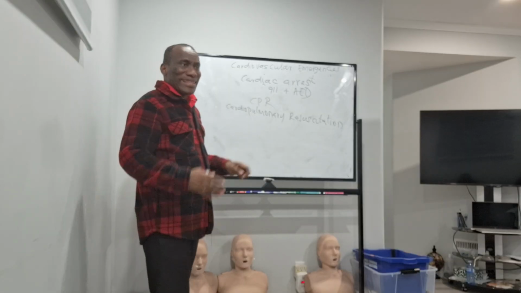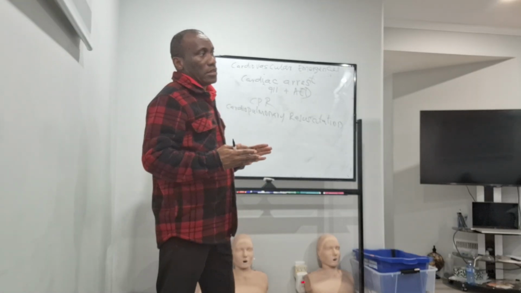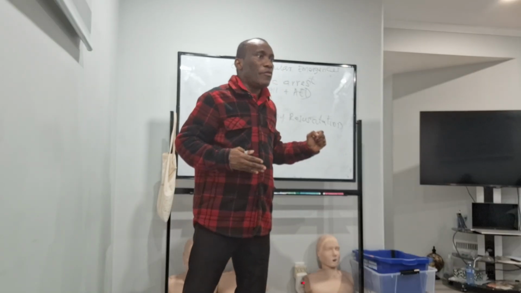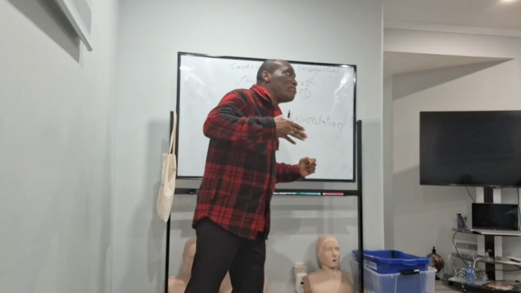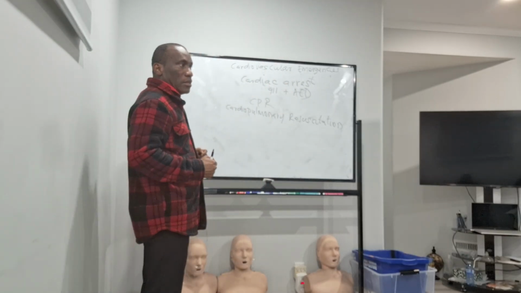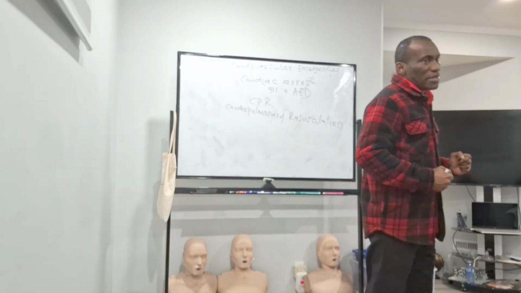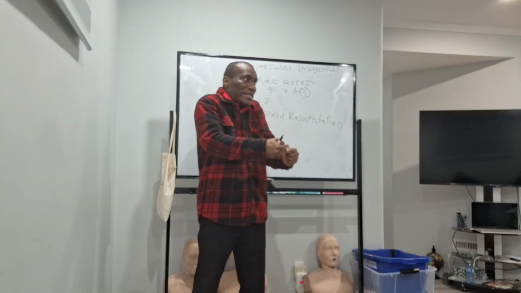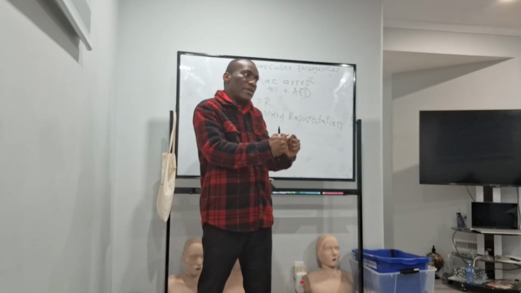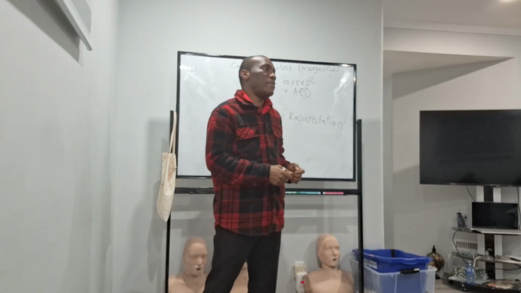And it is an attempt to revive the person by manually pumping blood for the person and manually breathing for the person. So CPR is an attempt by a first aider. The person who does this is a first aider, and you are doing this manually to pump and to breathe for the person.